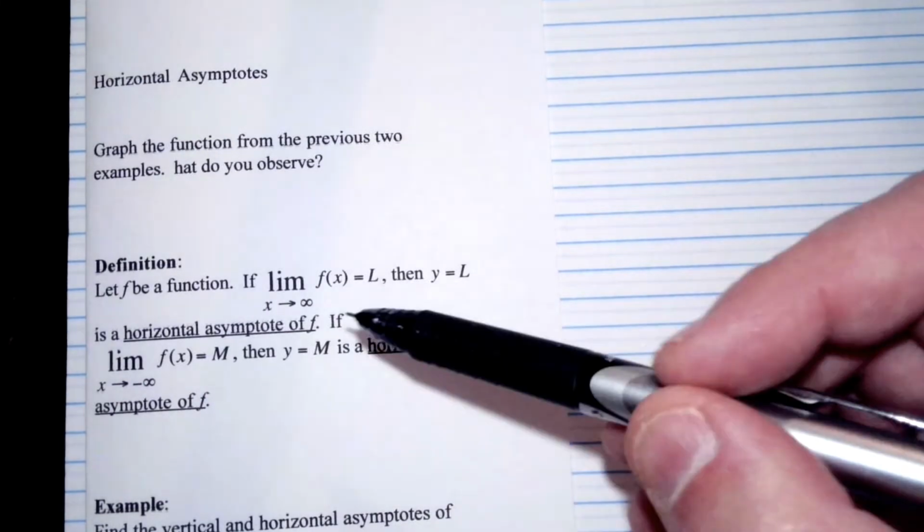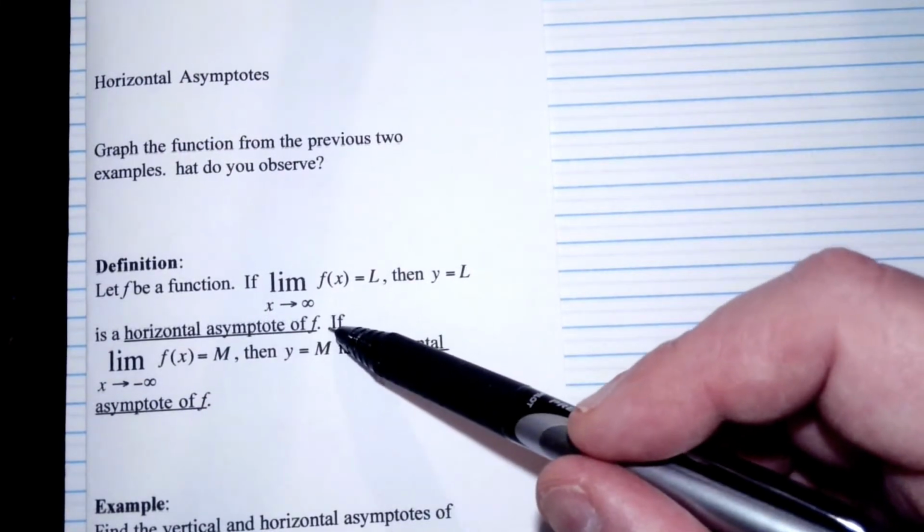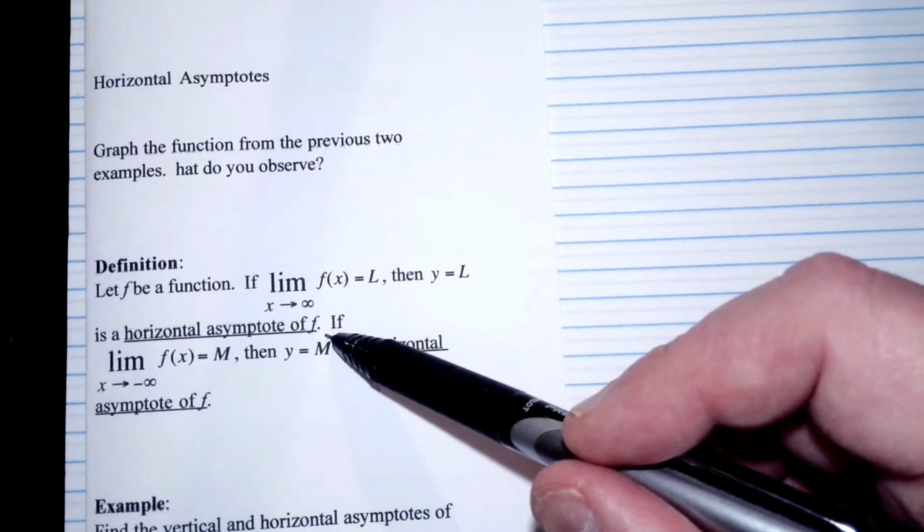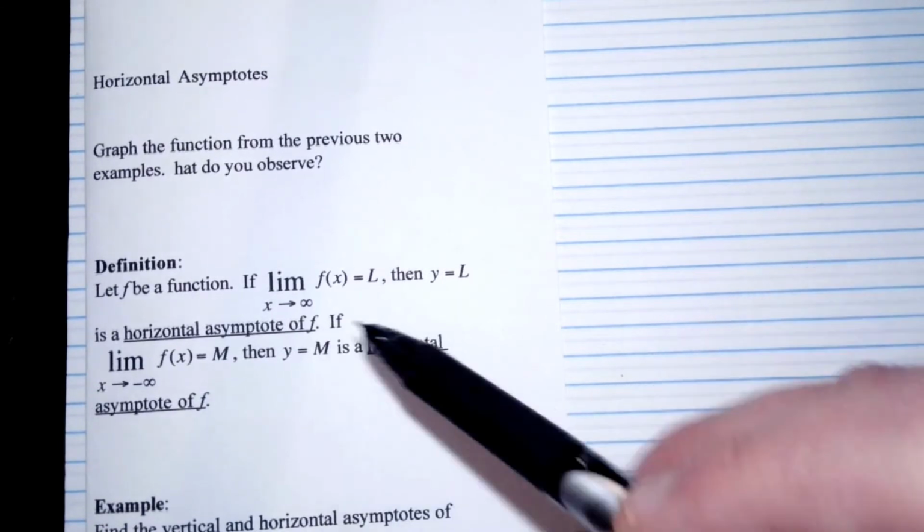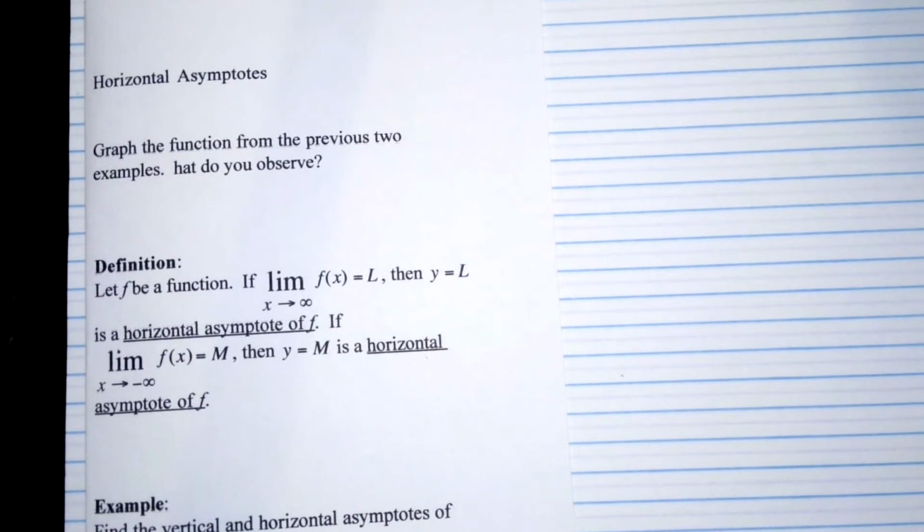Now, y equals L is going to be a horizontal asymptote as we go out to the right side of the graph. So as x tends to positive infinity, of course, the far right side of the positive x-axis.